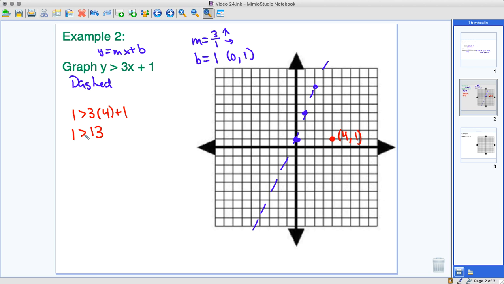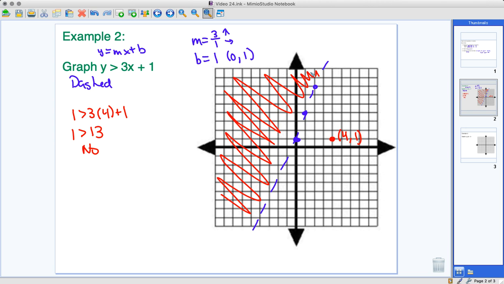So is 1 greater than 13? That's a no. So then we're going to shade on the side that that point is not on. That's a little bit new with this inequality piece.